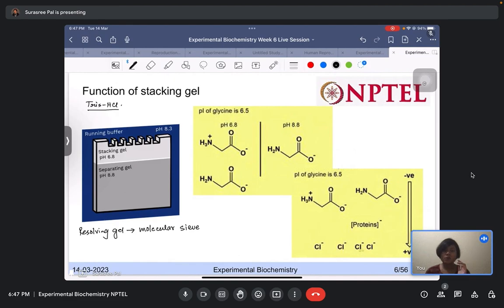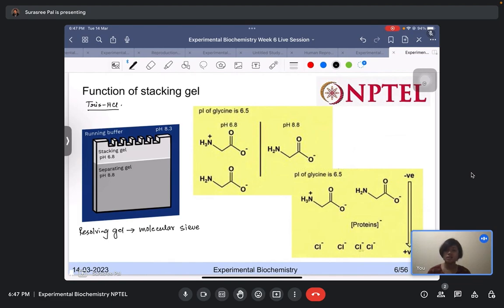Whereas the smaller molecules will be able to migrate through both smaller pores and larger pores. So therefore the smaller molecules, smaller meaning the molecular weight is small, will migrate more in the gel. So this is the function of the resolving gel.